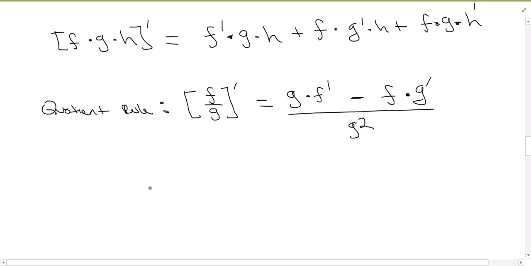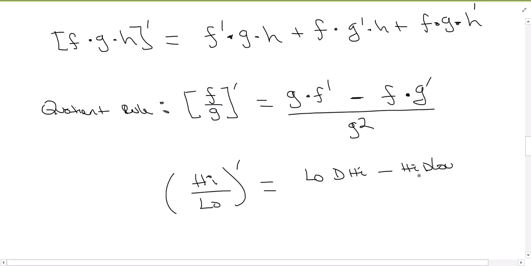Another way to think of it, and some of you may have heard this already, for the numerator: low d high, with d indicating the derivative, low d high minus high d low, and away you go, squaring the low.